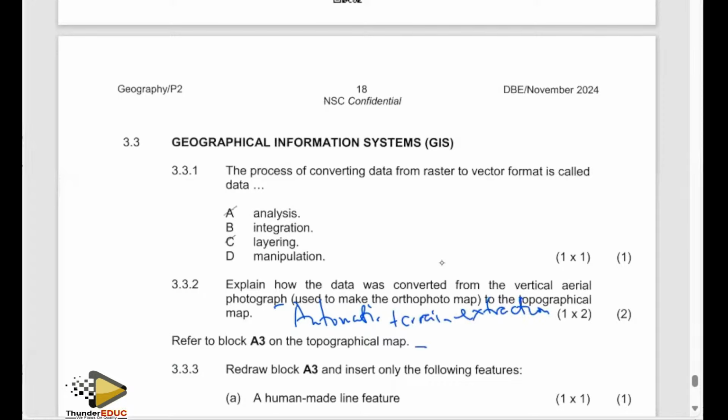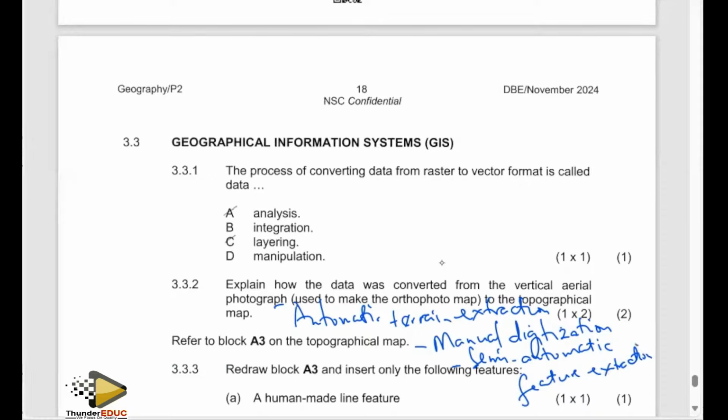Or we can also use what we call manual digitization, as a method of converting that data to the different data sets. Or we can also use what we call semi-automatic feature extraction.